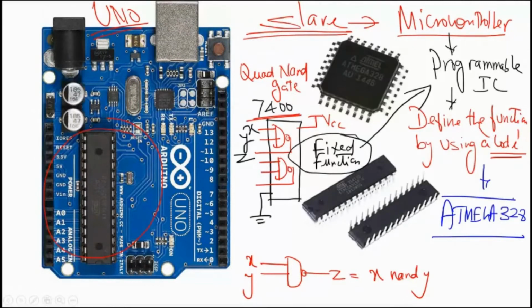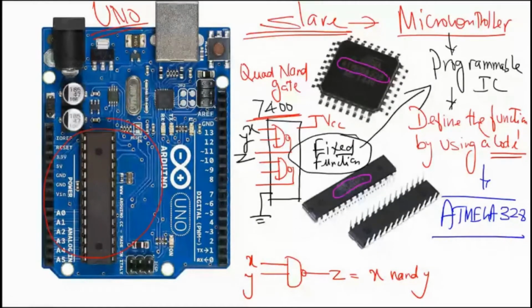Okay, you can see the name of this, ATMEGA 328. Similarly, it is also available here. You may wonder why this IC is available in a long tubular format like this, whereas it is available in a square shape.